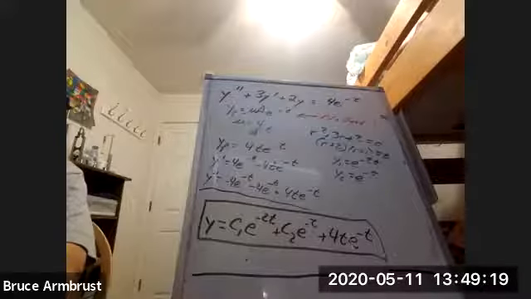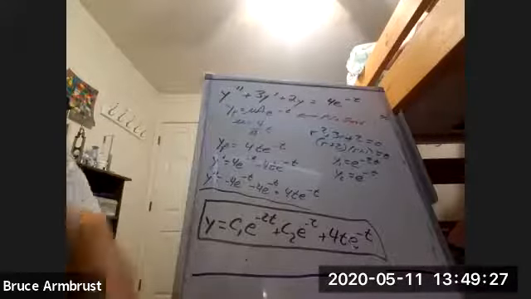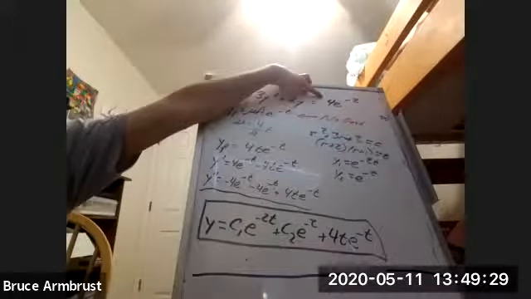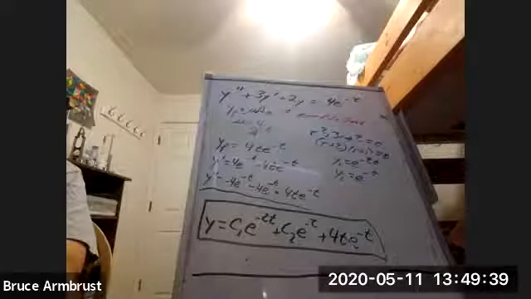Okay, so that's how we're going to recognize whether or not we can actually do this. If we run into this problem where our particular answer is a linear combination of the fundamental set, we're going to have to do something different.